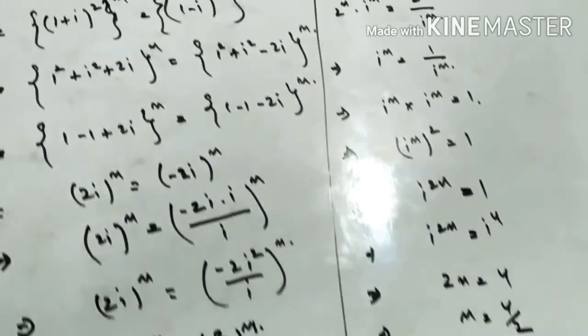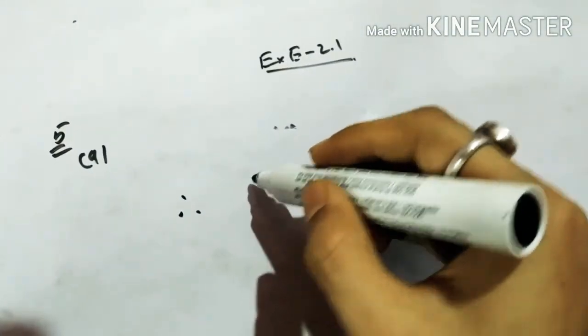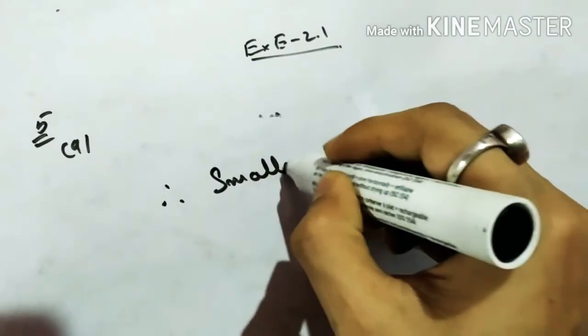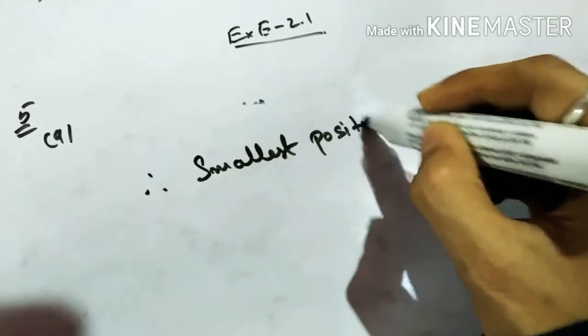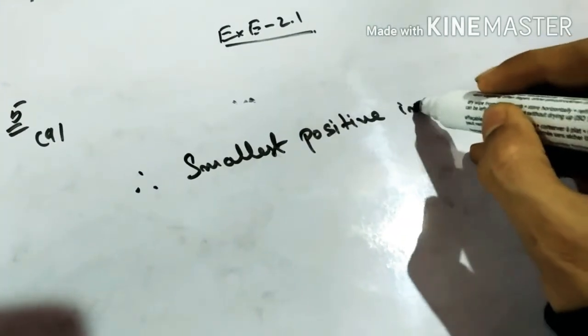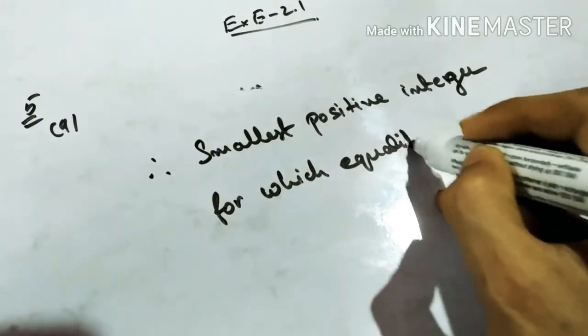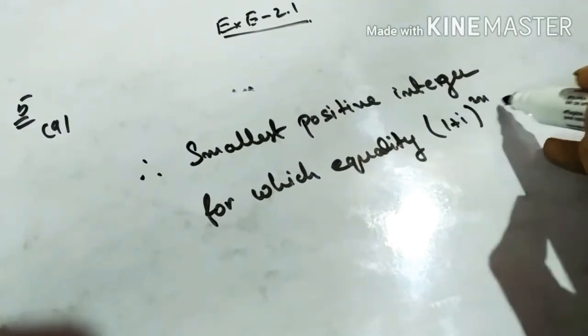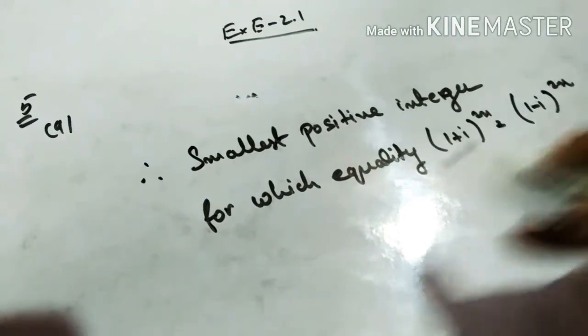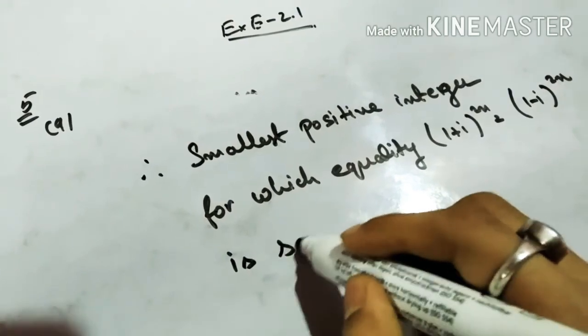So therefore I can write that I have got here n is equal to 2. Therefore, the smallest positive integer for which the equality (1 plus i) to the whole power 2 is equal to (1 minus i) to the power of twice n is satisfied.